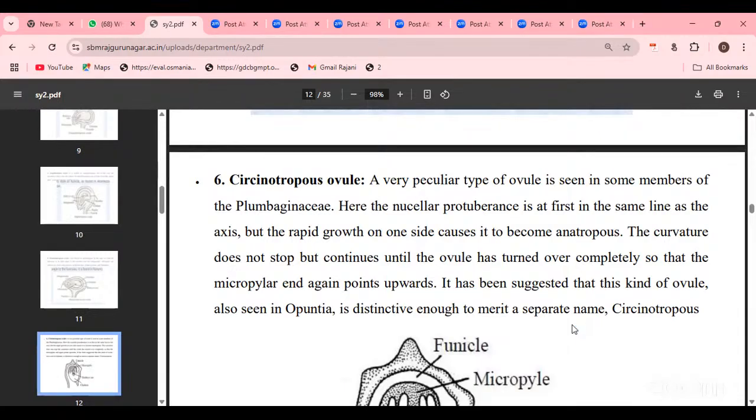The growth does not stop but continues until the ovule has turned over completely and again points upwards. It has been suggested that this kind of ovule is also seen in Opuntia.